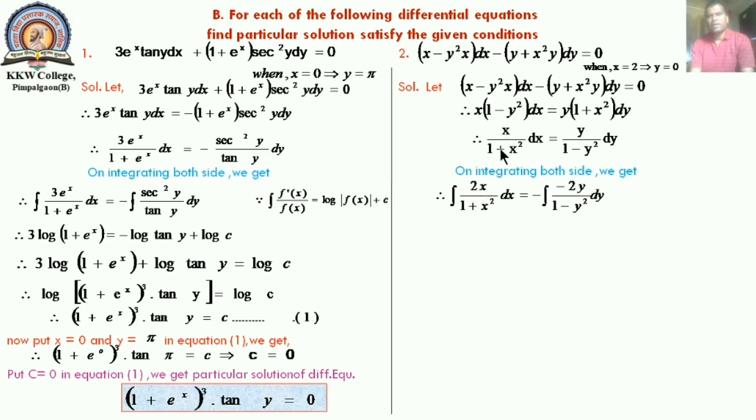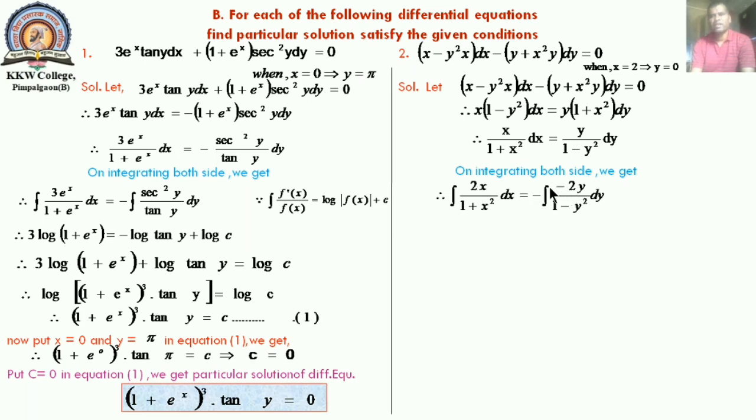integration of x upon (1 plus x square) dx is equal to integration of y upon (1 minus y square) dy. To convert it into the standard formula, multiply by 2 on both sides. We'll get 2x upon 1 plus x square and 2y upon 1 minus y square, because the derivative of 1 plus x square is 2x and the derivative of 1 minus y square is minus 2y.